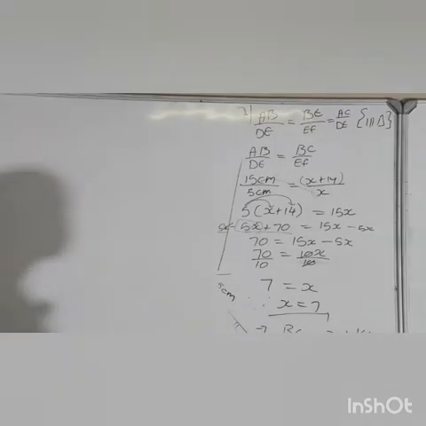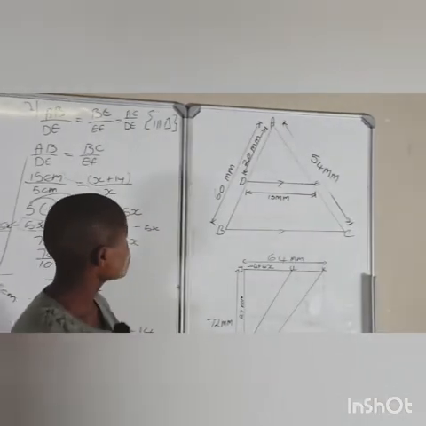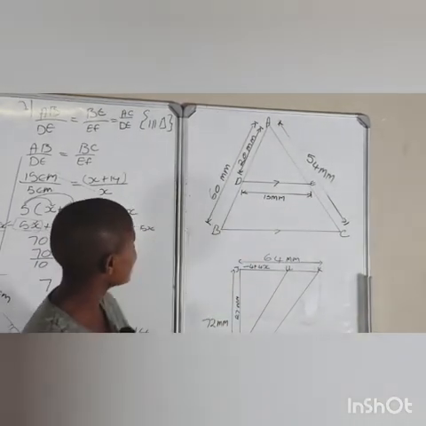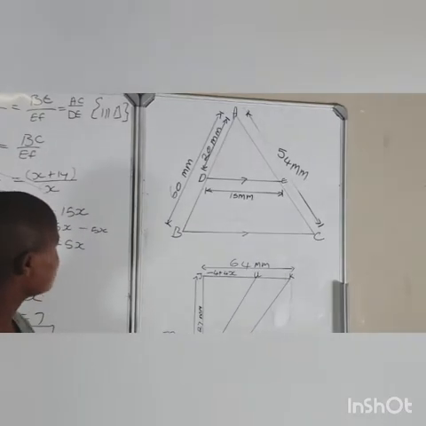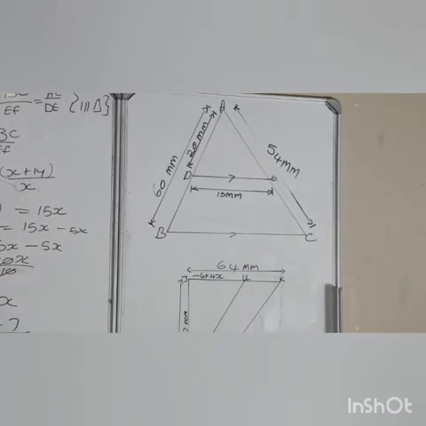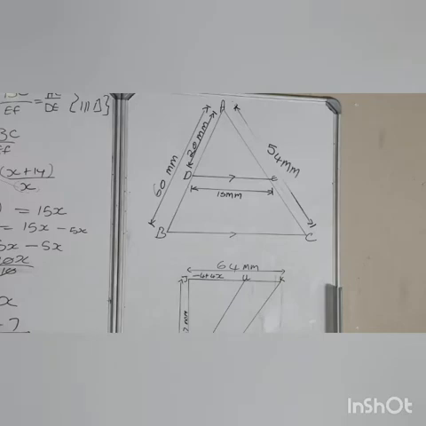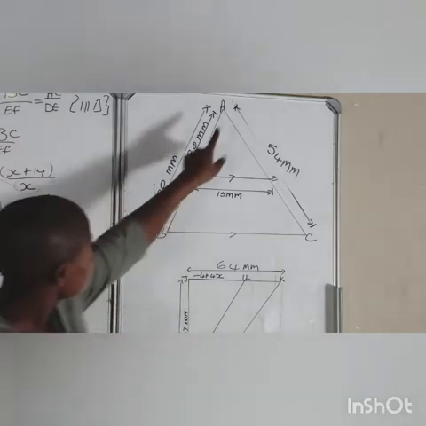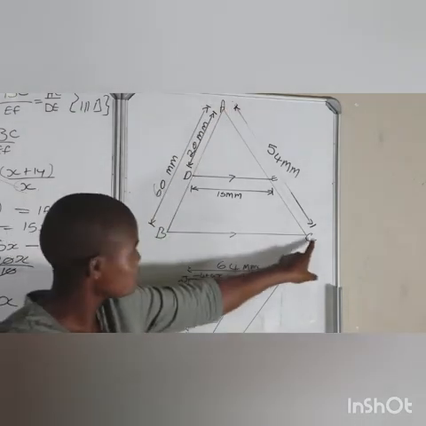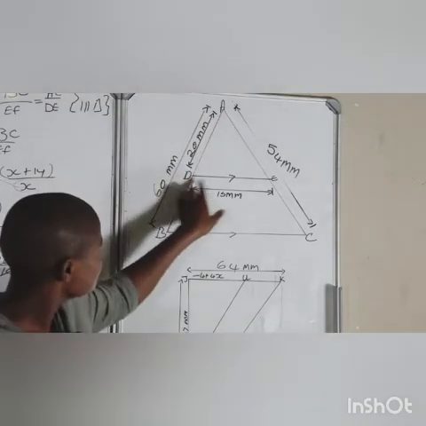All right, so we have triangle ADE and triangle ABC. They are similar. Let's hear the question. They say examine those triangles. After examining them, prove that triangle ABC is similar to triangle ADE.